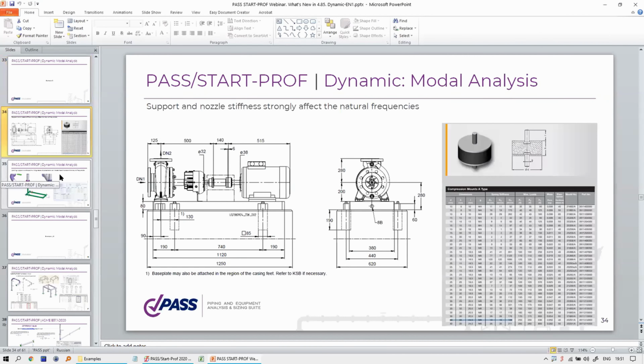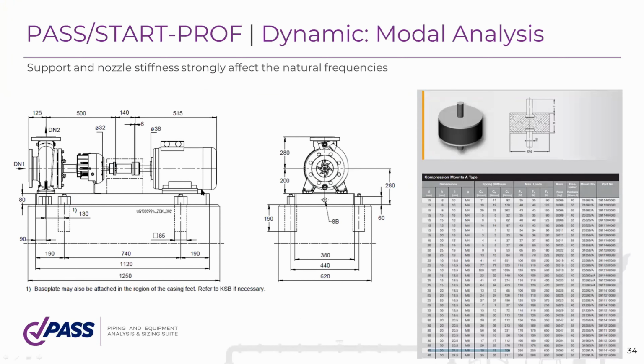Another point is that if we have a connection to equipment like a pump or compressor, we need to consider the flexibility of this equipment. For example, sometimes the frame of the pump or compressor is placed on special rubber anti-vibrating supports.